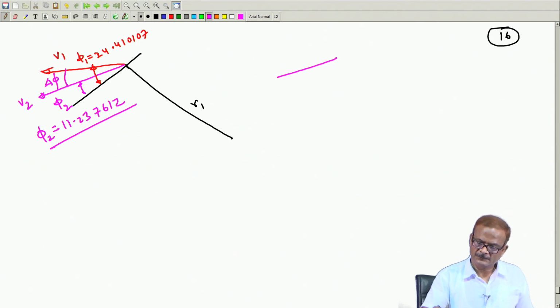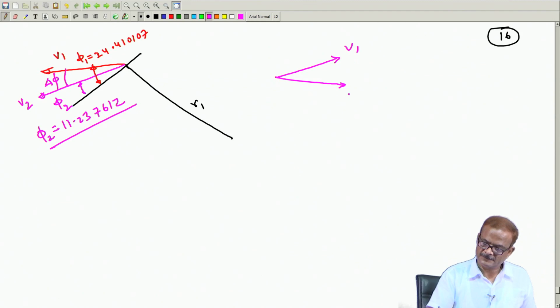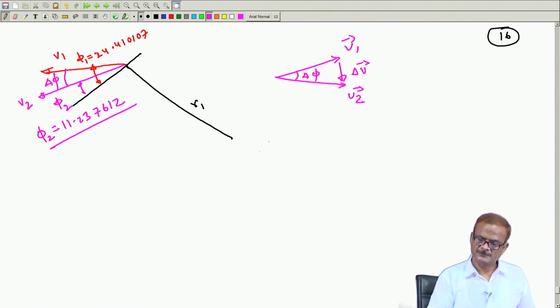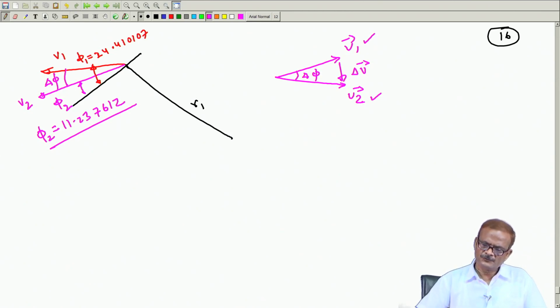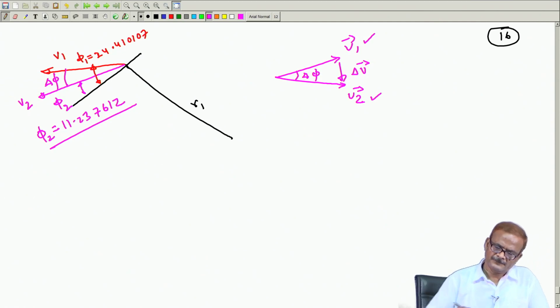Okay. So, if one vector is here, another vector is here, this is your V 1 and this is your V 2. So, you need to give this delta V impulse, while this delta phi is given here. So, these two vectors are available to us. Magnitude wise it is available, and we just need to compute this delta V. So, delta V is the impulse magnitude we require.